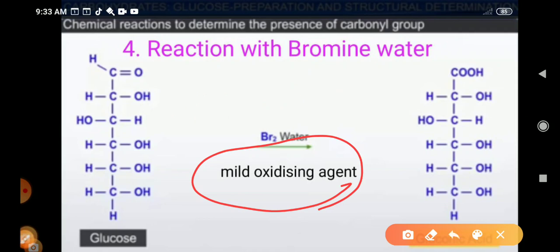Which oxidizing agent is used here? That is bromine water, and it is a mild oxidizing agent, not a stronger one. So it indicates the presence of an aldehyde group in the glucose molecule.